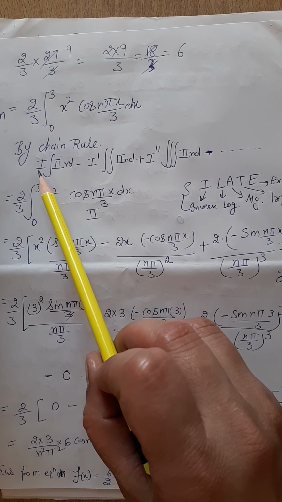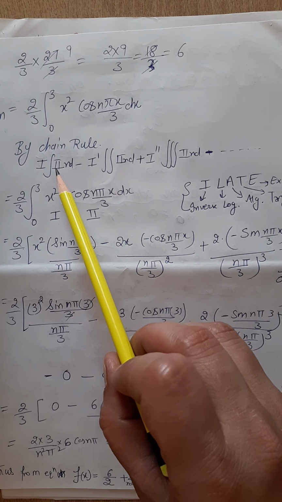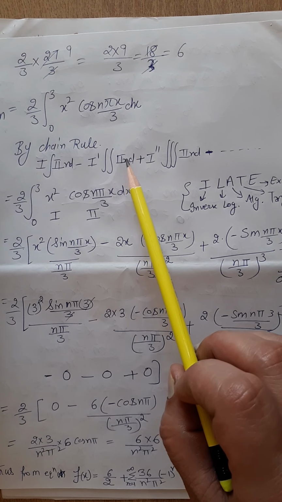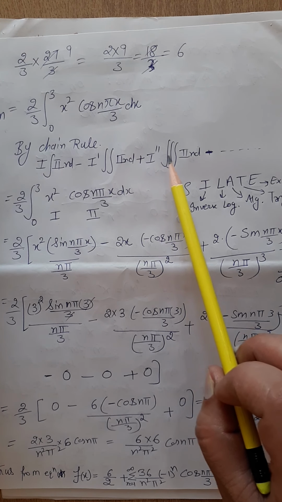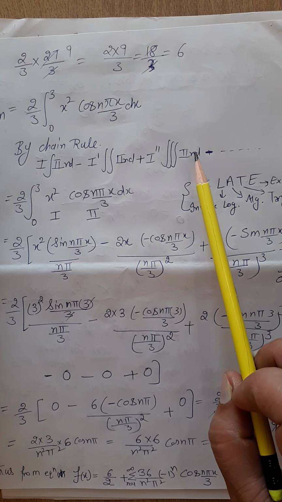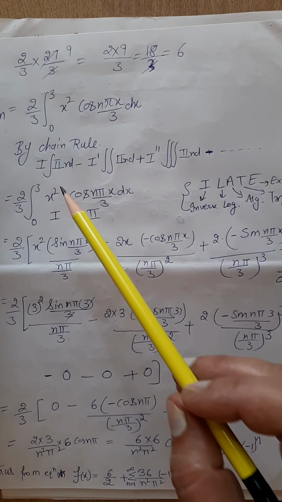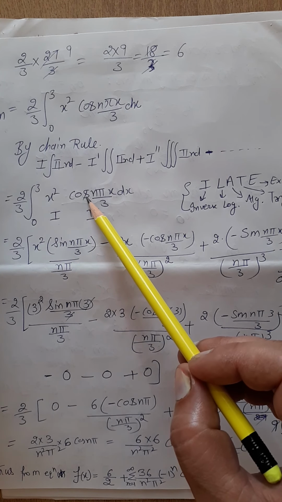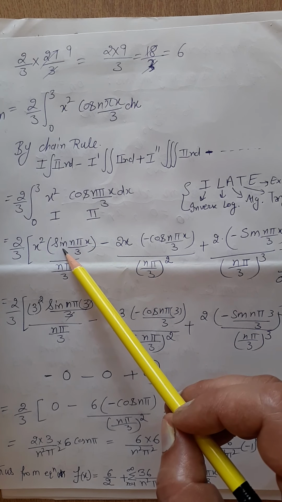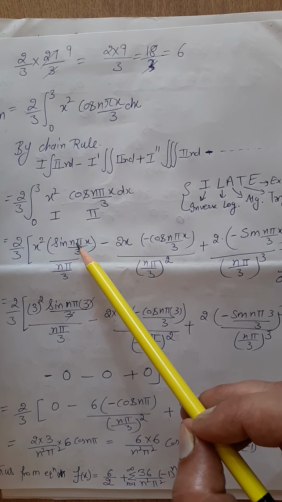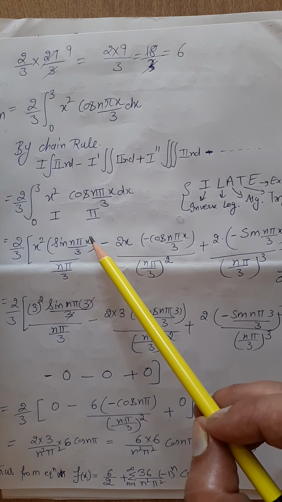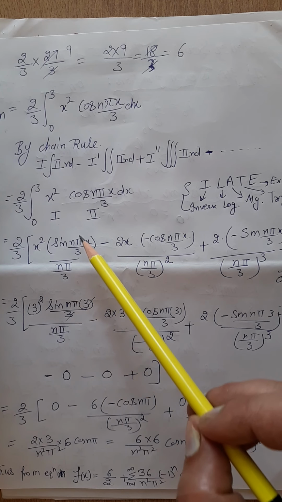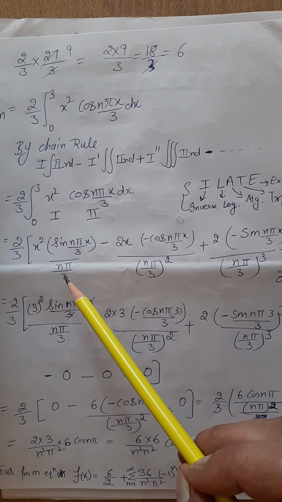We take the first function as it is, the integration of the second, the derivative of the first, the double integration of the second, the double derivative of the first, the triple integration of the second, and so on. Now we write x square as it is, and the integration of cos is sine. We write here sin(n pi x upon 3), and the coefficient of x is n pi upon 3, which we write in the denominator.